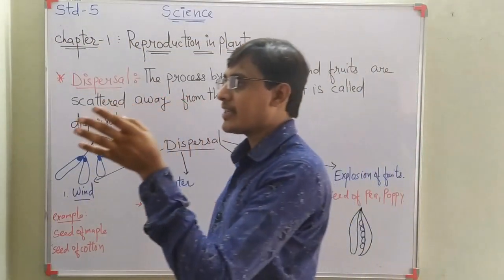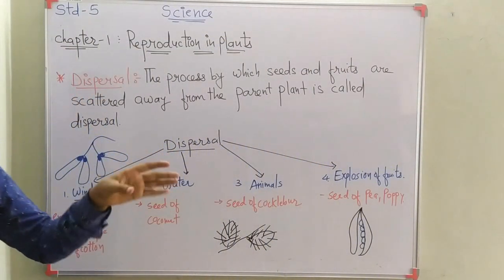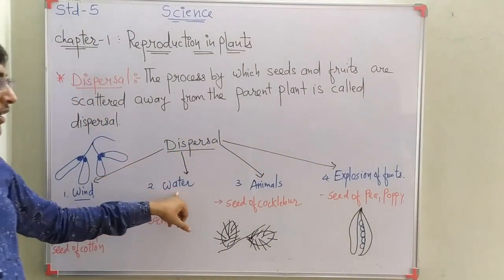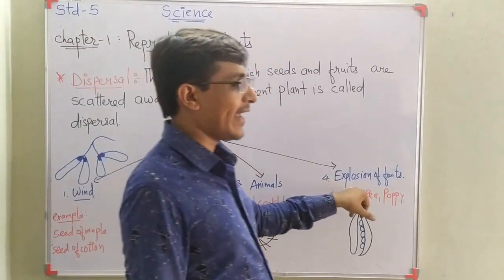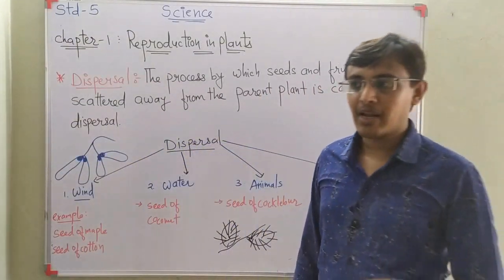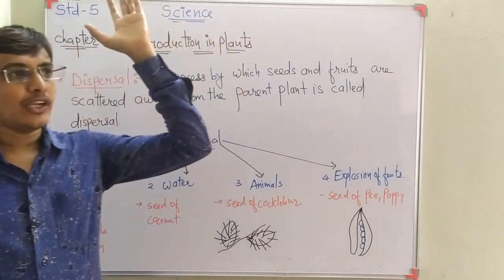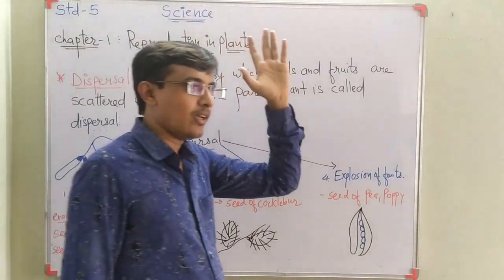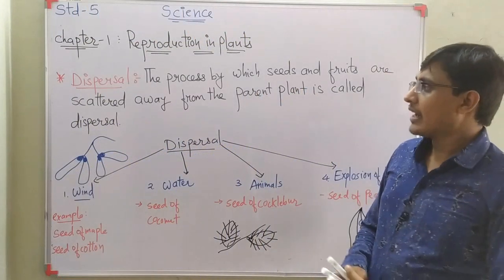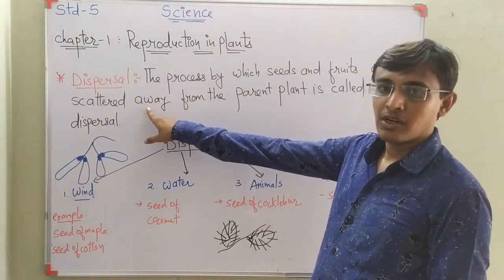How do they get scattered away? They are scattered away by wind, by water, by animals and by explosion. Sometimes we see some mango trees far away. So that is the scattering away of the seed.